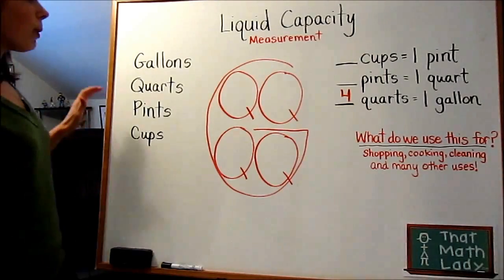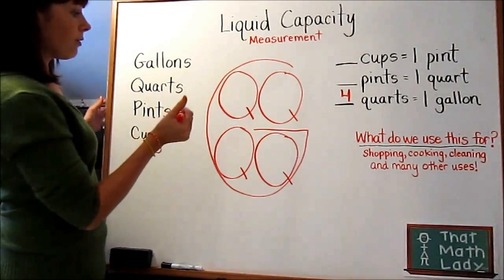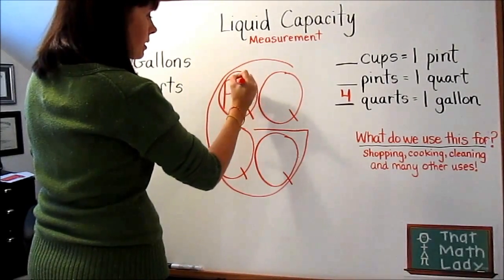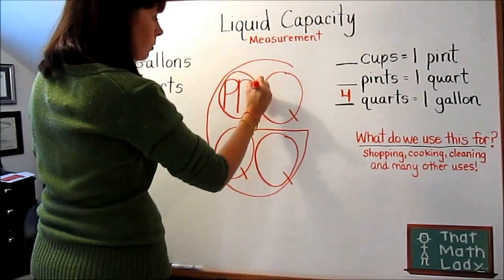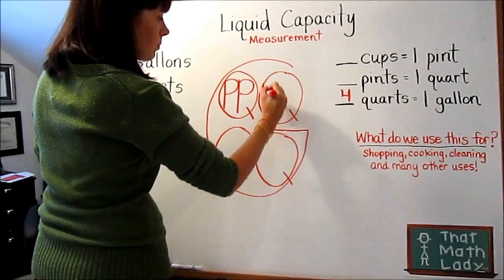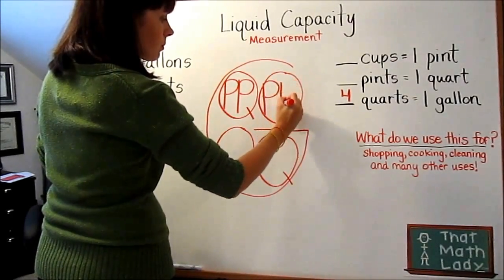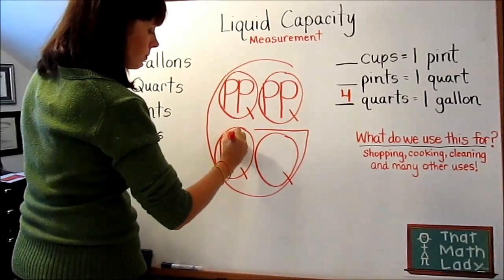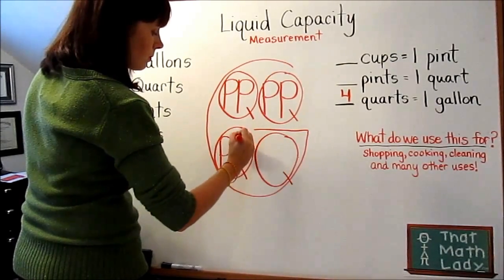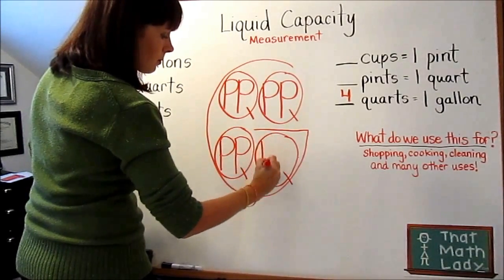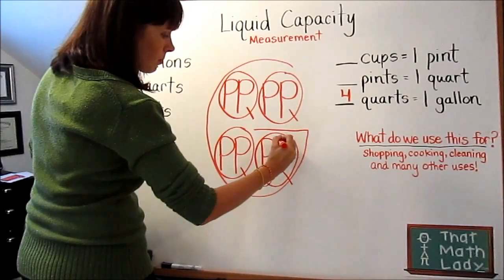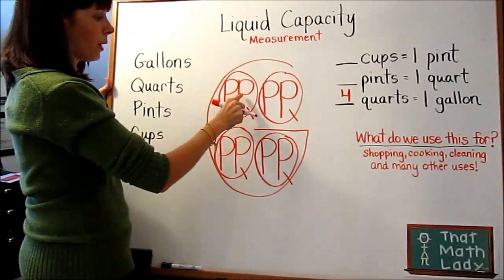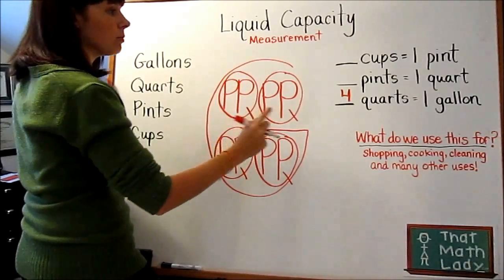And then to remember how many pints are in a quart, you have about 2 uppercase P's that fit in each Q. So 2 pints go in a quart.